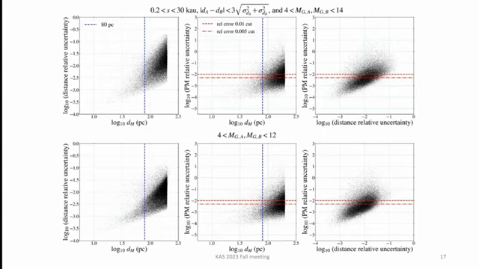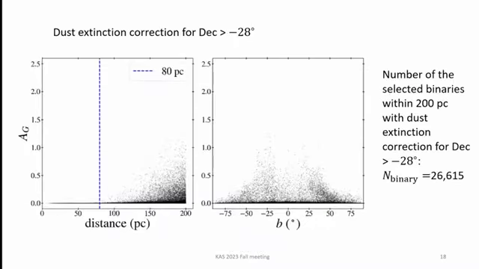The second one is the fractional uncertainty of proper motions. And I'm basically using the binaries that satisfy certain criteria. Okay, these are the criteria. I'm also taking into account dust extinction correction for these larger distance binaries.